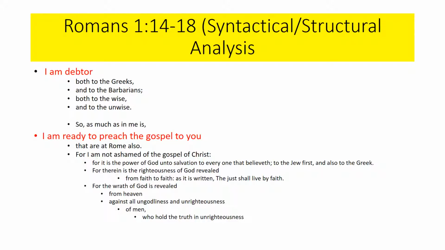And what I want you to see is when you break it down structurally and do a structural syntactical analysis, you can easily see in the grammatical structure the main points and the reasons why. You can also see how or where the important words are that you need to look up, and the clauses and the phrases that we need to see.